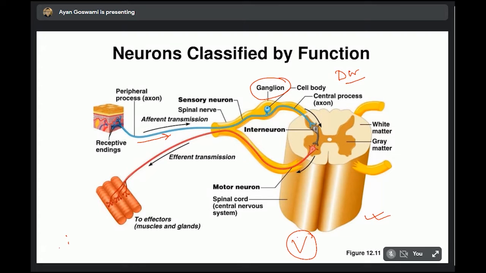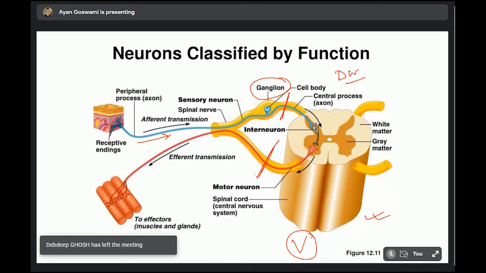Okay. Now, injury can be anywhere in case of spinal nerve. Injury can be here at the root. We call it radiculopathy, right? Or the nerve root is damaged. So either dorsal root or ventral root can be damaged. That means it is not neuropathy, it is radiculopathy, meaning the nerve root is damaged.